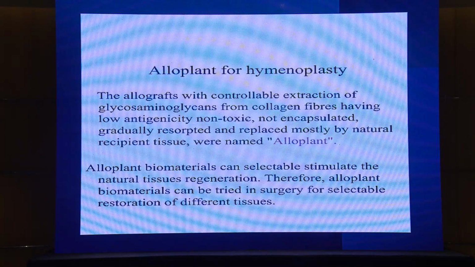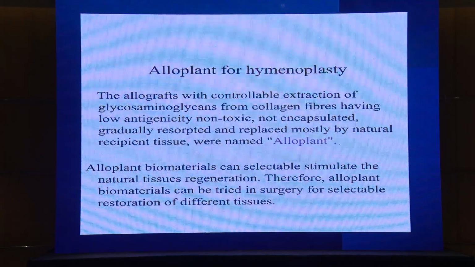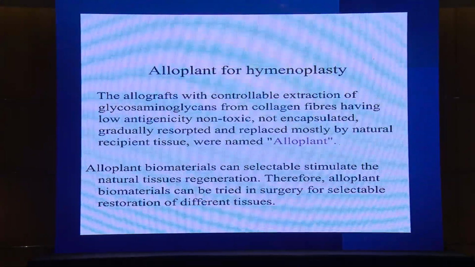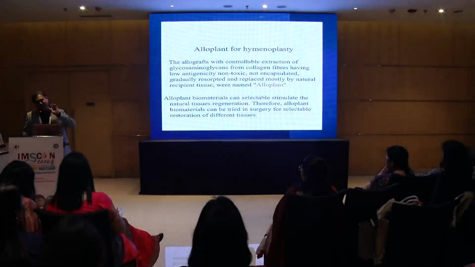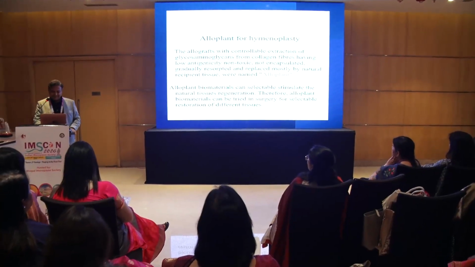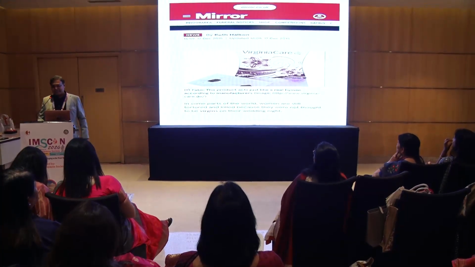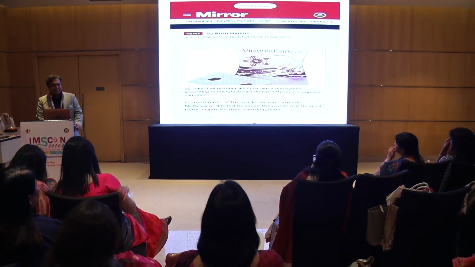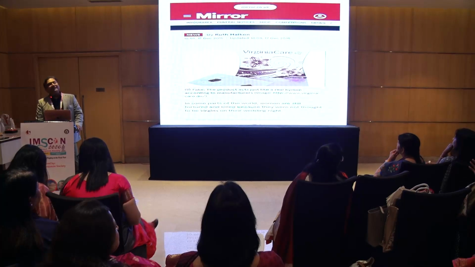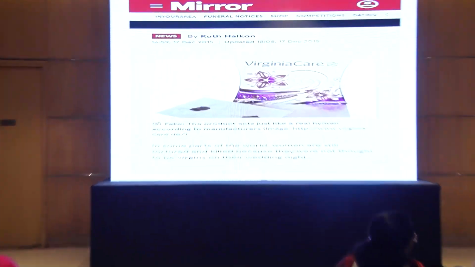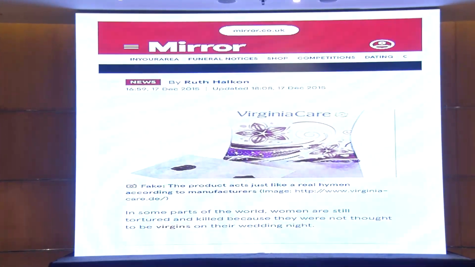You put this alloplant inside. It's like a biofilm. Just before the wedding night, you put it inside, and the moment somebody touches it, it bleeds. So this is the virginal care. This is how it's available in the market. It is something your husband has to be foolish enough not to understand.